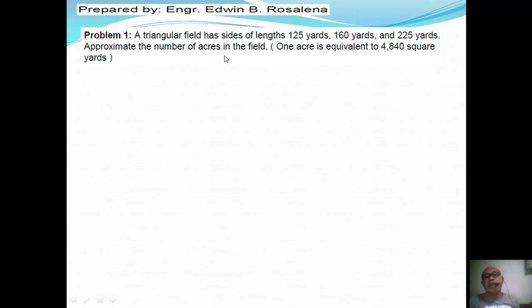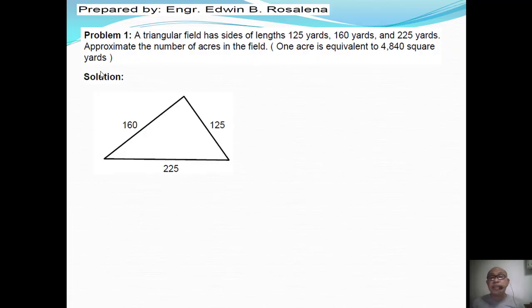Approximate the number of acres in the field, in which 1 acre is equivalent to 4,840 square yards. Okay. So, what have you noticed? We are given here the three sides of the triangular field.